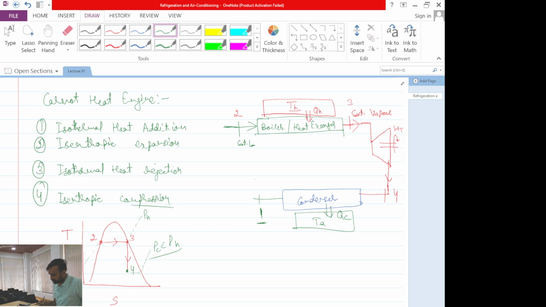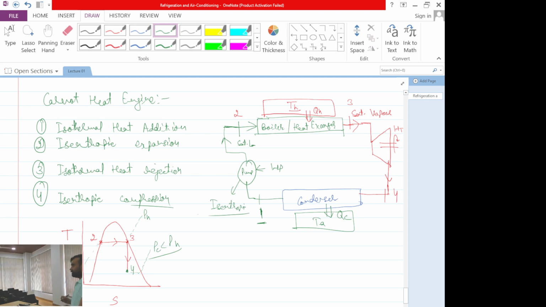To increase the pressure, I will be using a pump, and this pump will be taking WP amount of work. Okay, so once it is taking WP amount of work, then I am taking actually this part. So it means that, and again 1 to 2 has to be which process?